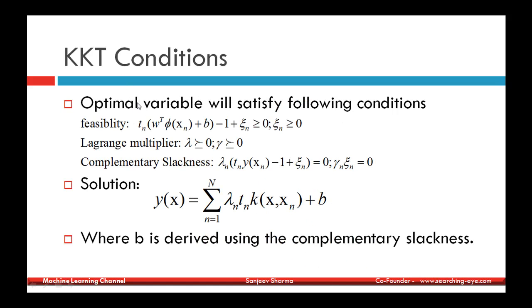Again, the KKT conditions state, number 1, the feasibility condition: all the constraints should be satisfied and all the eta n should be greater than or equal to 0. This is the primal constraint. All the Lagrange multipliers should be greater than or equal to 0, a component-wise inequality, where each of the components should be greater than or equal to 0.